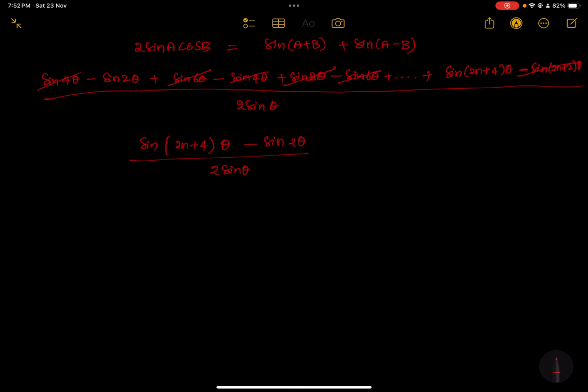Now (2n plus 4) theta is 2 into (n plus 2) into theta. Theta is pi by n plus 2, so we already solved that. This n plus 2 and this n plus 2 get cancelled, leaving 2 pi. So this is equal to sine 2 pi minus 2 sine theta cos theta, where I am just applying the sine 2 theta formula, divided by 2 sine theta.